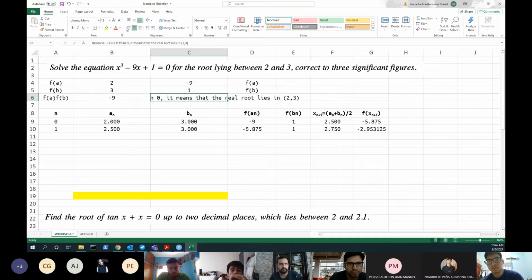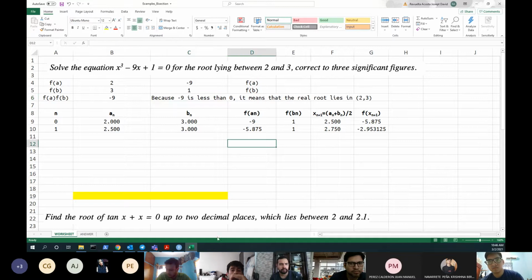So this is what I conclude, right? Because minus 9 is less than 0, it means that the real root lies in 2, 3.